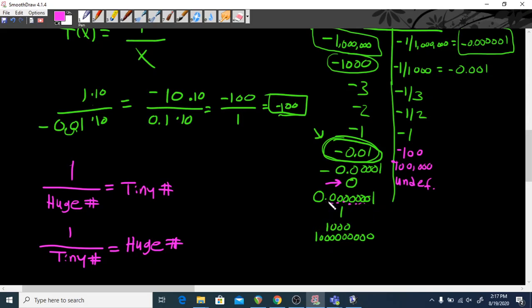So that means I have to move the decimal place that many places: 10, 100, 1,000, 10,000, 100,000, million, 10 million, 100 million.